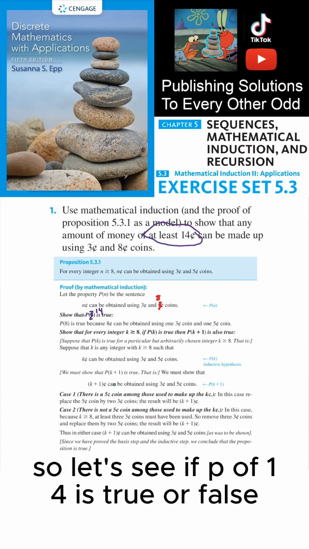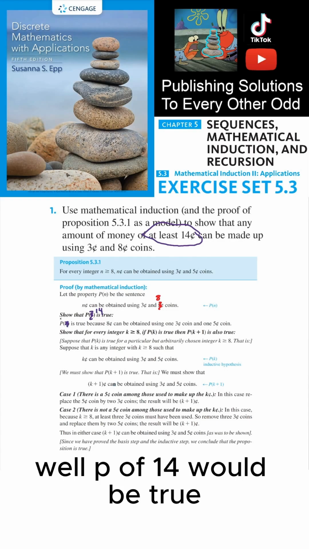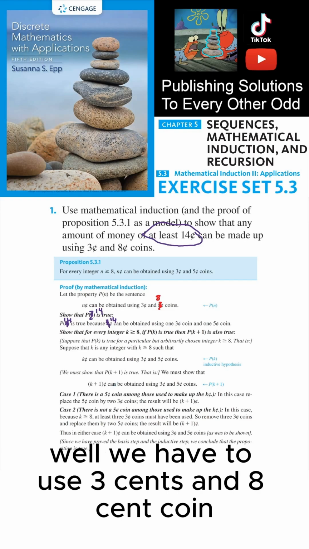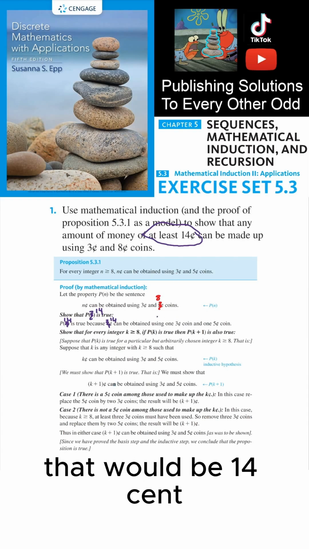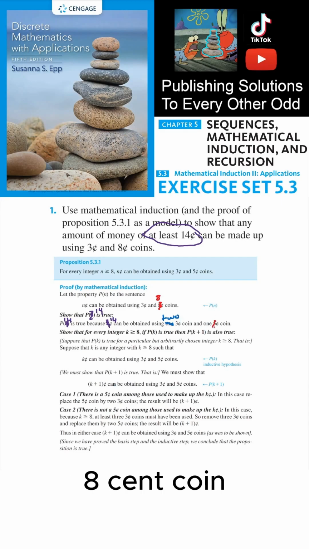So let's see if P of 14 is true or false. Well, P of 14 would be true because 14 cents can be obtained using 3-cent and 8-cent coins. If we take two 3-cent coins and one 8-cent coin, that would be 14 cents. So we're going to be using two 3-cent coins and one 8-cent coin.